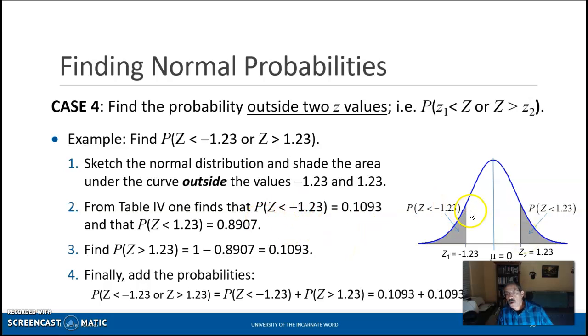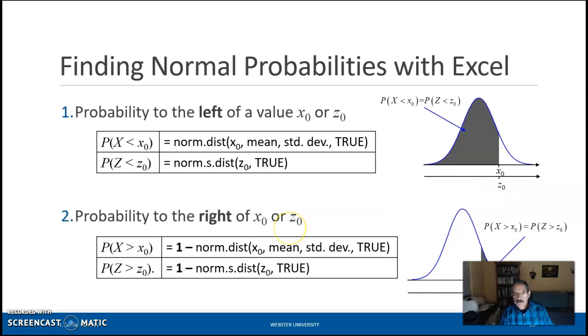So as I said, all I needed to do is find this probability, and because of the symmetry of the distribution, the same probability is to the left of this value as to the right of the positive z-value. Okay, so this represents the 4 possible questions that you will encounter about obtaining probabilities with the standard normal distribution, that is from table 4.